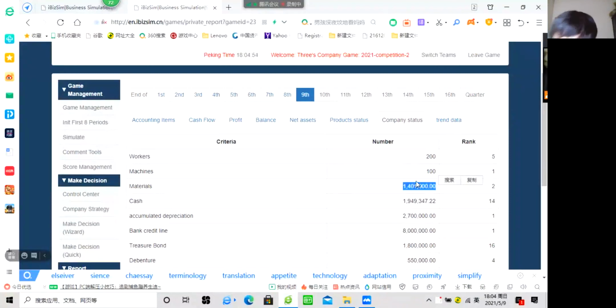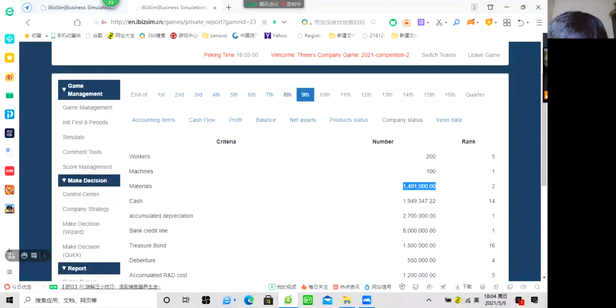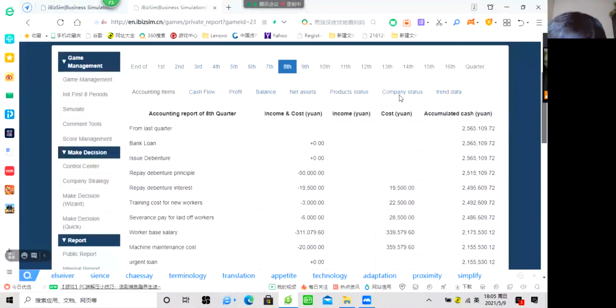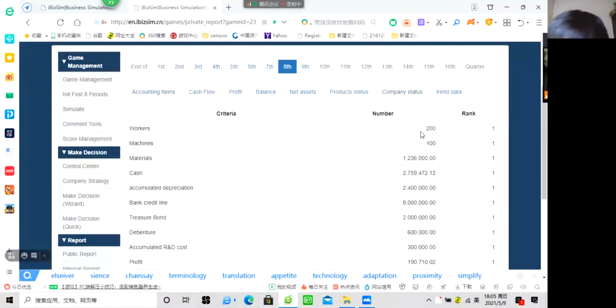So this condition, everyone, please, before we make a decision in term 9, we first should look at quarter 8 to see the status, because we need to make spring season operations this year.